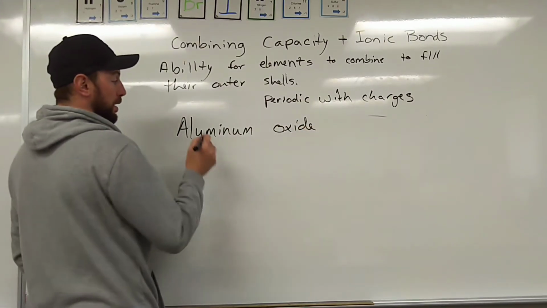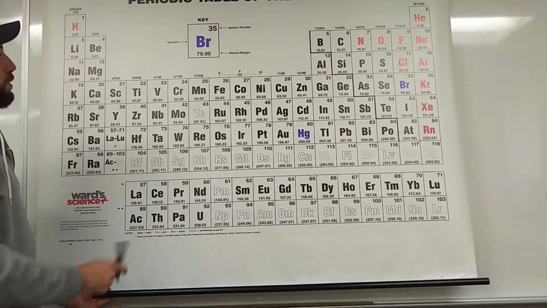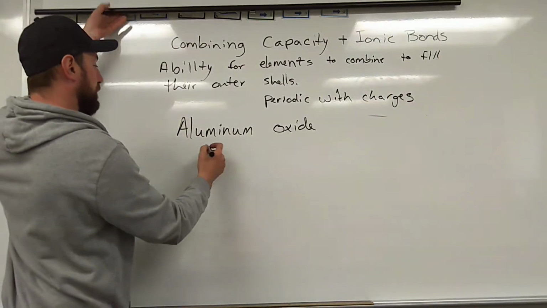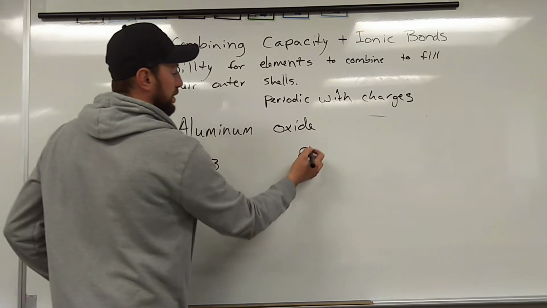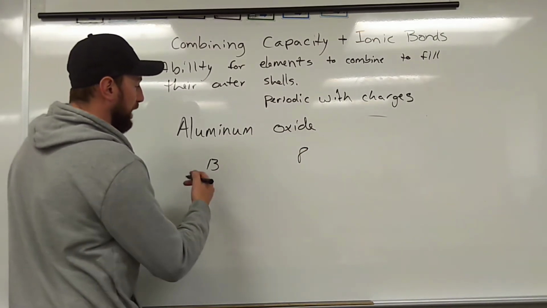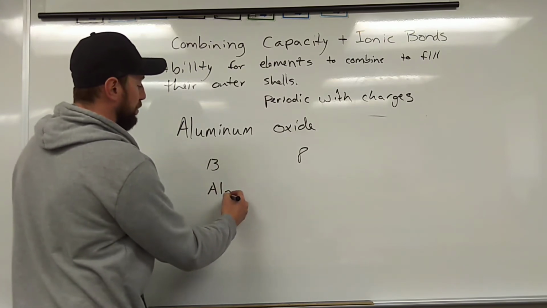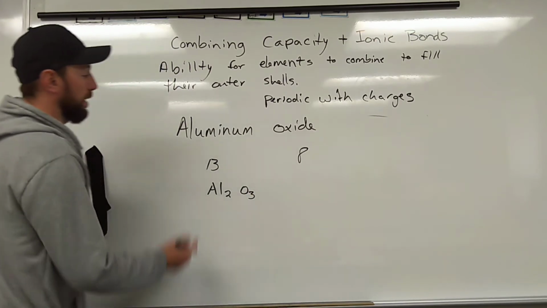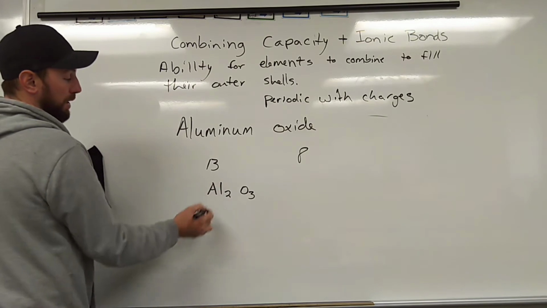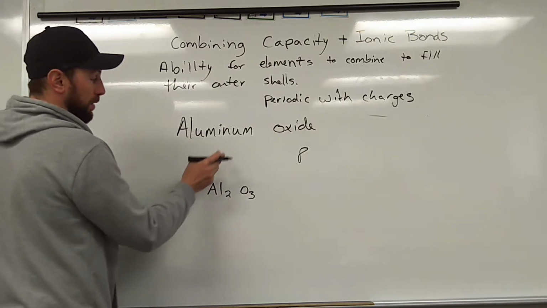Aluminum is number 13 and oxygen is 8. Now, if we wrote down the formula, it would be Al2O3. That we're going to do after on naming, but Al2O3 is the formula for aluminum oxide.